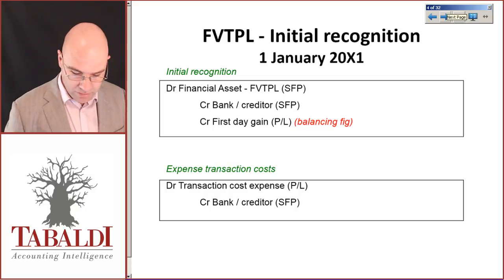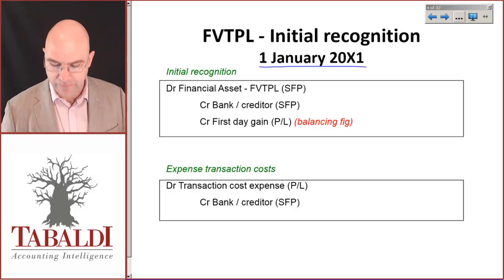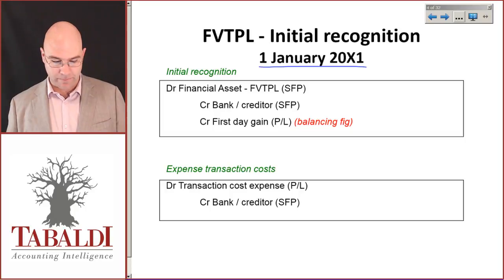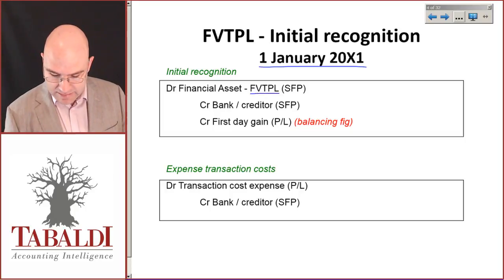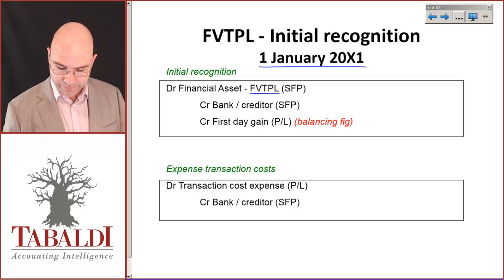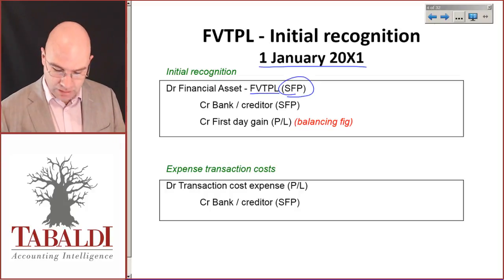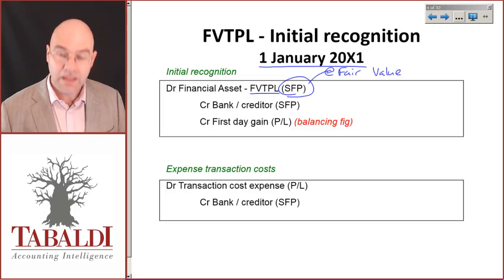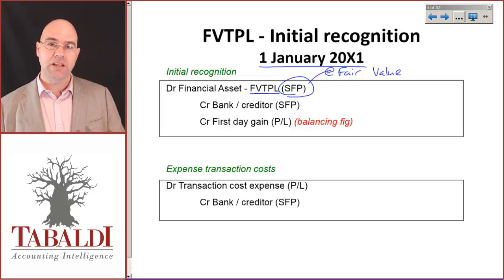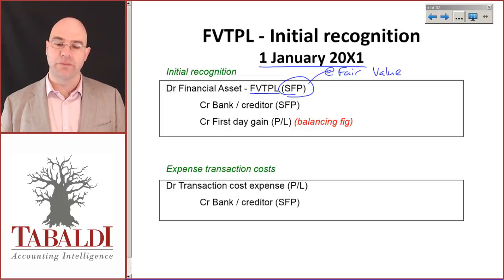So we're going to start with initial recognition on the 1st of January 20X1. Now we knew that the debit to financial asset, fair value through profit and loss, in the statement of financial position, had to be at fair value. That's the rule, right? Initial recognition, all financial assets will be measured at fair value. Don't care what subsequent measurement is applicable.